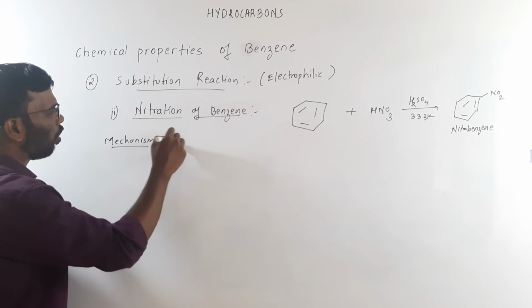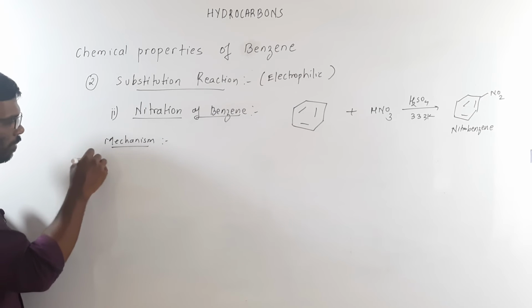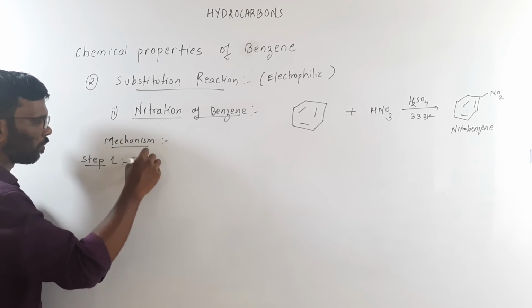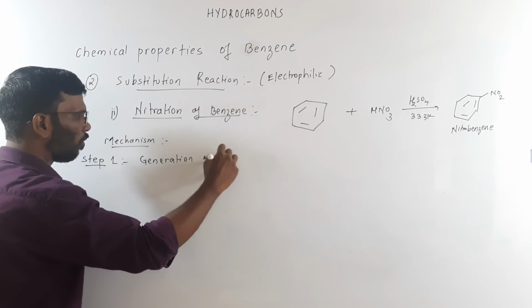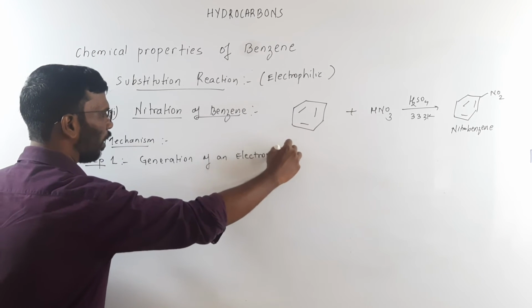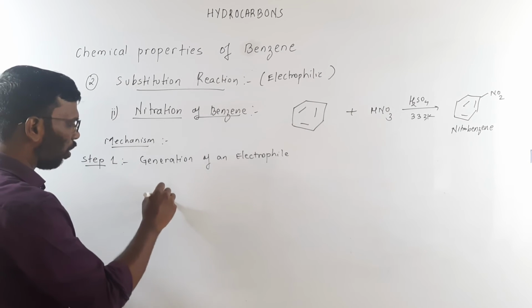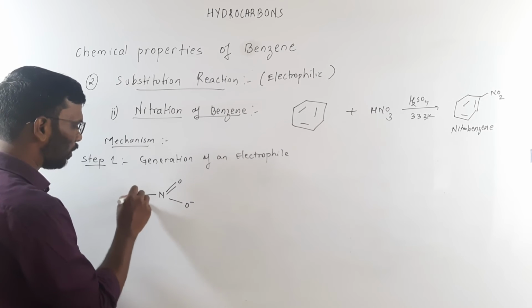First is generation of the electrophile. Step 1 is generation of an electrophile. How do we generate it? There is HNO3. The structure of HNO3 is this way. Double bonded O, here there is a minus, and this is OH.